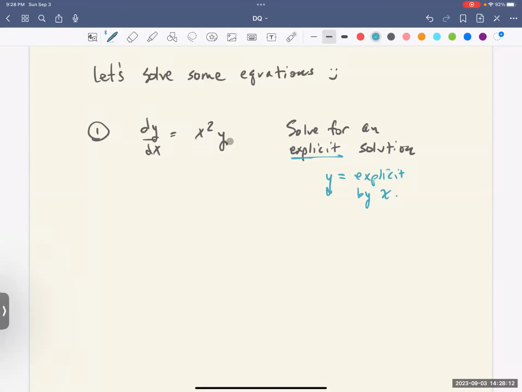And this is your solution. You can leave it this way, but a lot of times you're going to see this plus or minus coefficient renamed as something like a. So let's use a e to the x cubed over 3. There's our explicit solution.